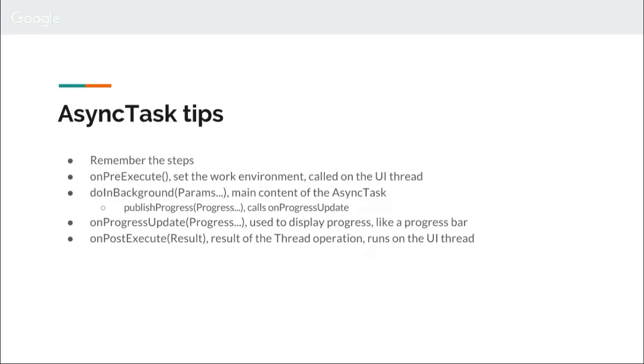When you call publishProgress, it will call onProgressUpdate, which will let the main thread know that there is something happening. Maybe it will show a progress bar or some numbers, or maybe we'll display a piece of the image that it has been loading. And finally, onPostExecute is the result, what we wanted to do. And this one runs on the UI thread.